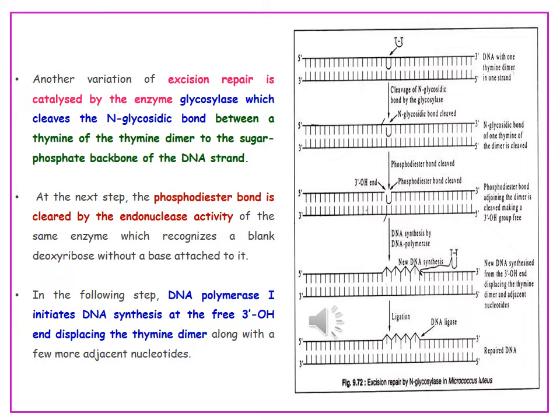In the following step, DNA polymerase 1 initiates DNA synthesis at the free 3' hydroxyl end, displacing the thymine dimer along with a few more adjacent nucleotides.